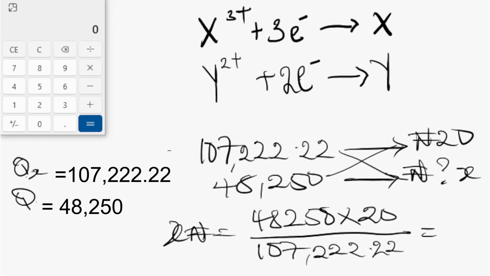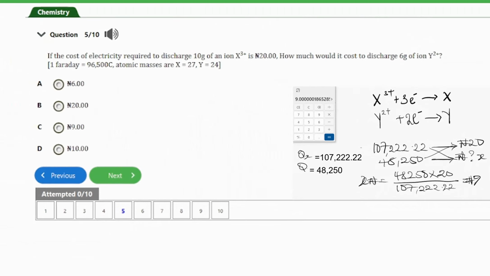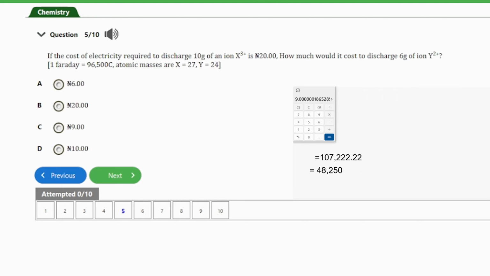So this will be, let's calculate this out, 48,250 times 20, and this will be divided by 107,222.22. So let's see what we have here. So this will be 9 naira here, right? And that's option C here. So guys, let's go ahead and wipe this. That's the answer to this question, and that's option C.